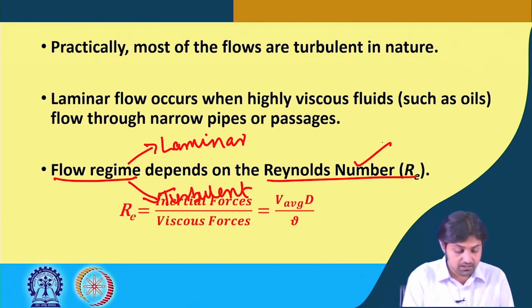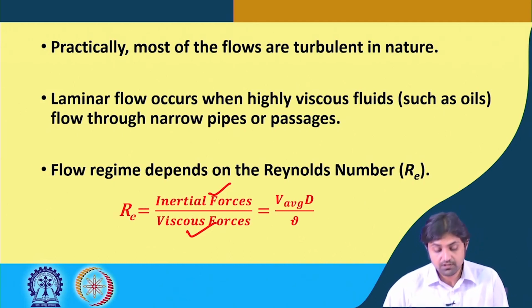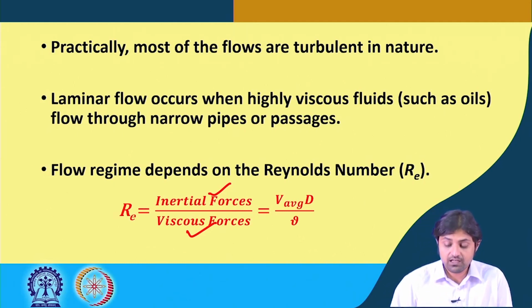Reynolds number is a dimensionless number which is the ratio of the inertial forces to the viscous forces. Mathematically, it is given as V average multiplied by D divided by nu.